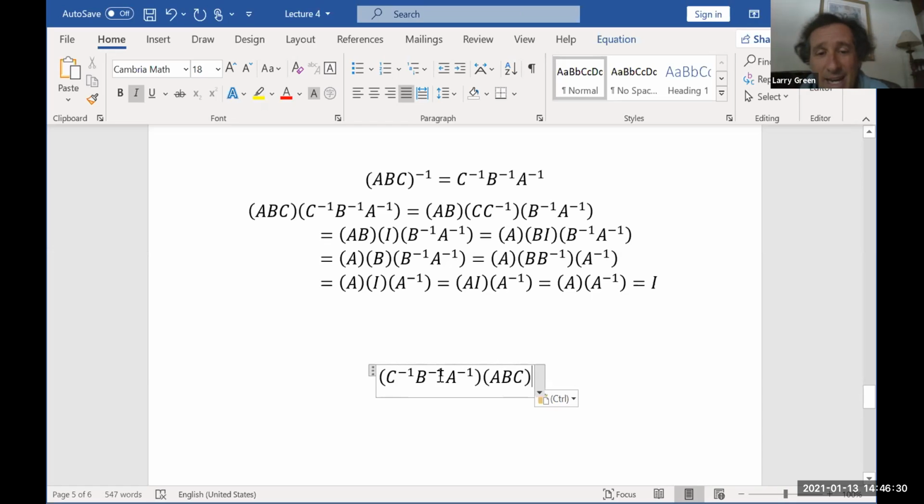Now we're out of time, but basically you do exactly the same thing as I just did. So now we need to have C inverse, B inverse, A inverse times ABC and end up with I. Basically you switch the parentheses, you multiply a matrix times its inverse, get the identity, drop the identity, and then just keep going. It's exactly the same. Any questions on this proof?